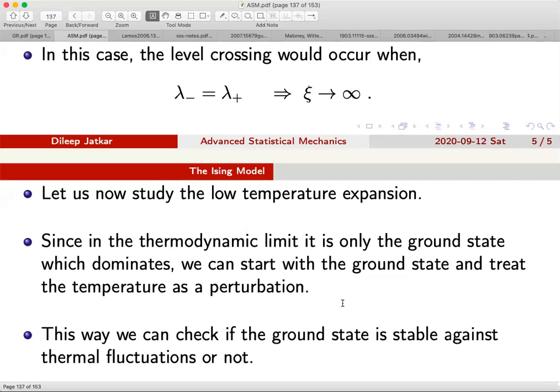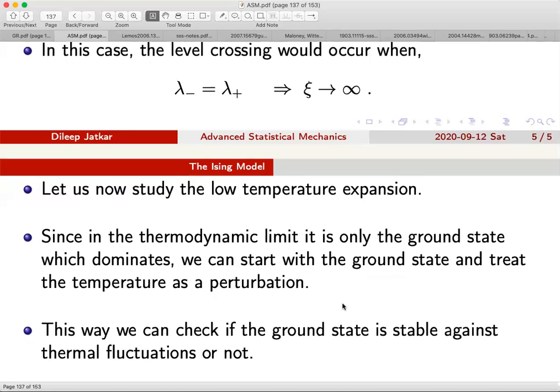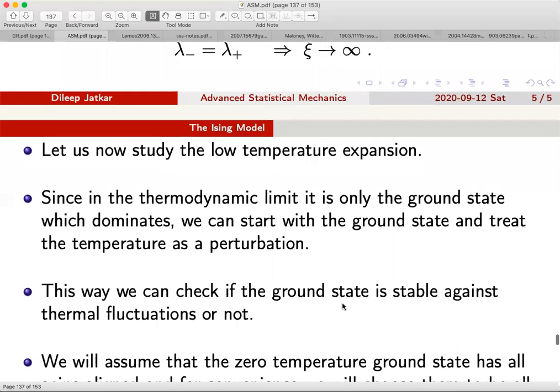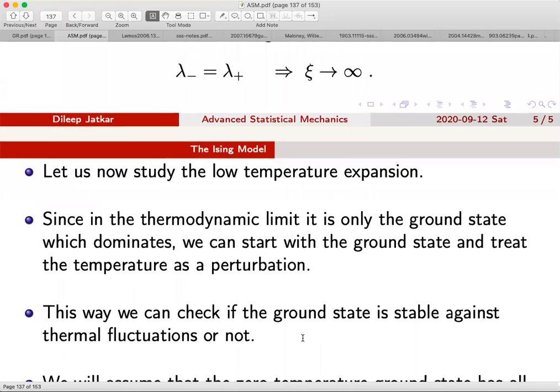Now we will assume that the ground state consists of all spins up, something like that, and we would try to study the system. The main motivation for doing this is to ask the question: the ground state is an ordered state at zero temperature, would it survive the thermal fluctuation or not?